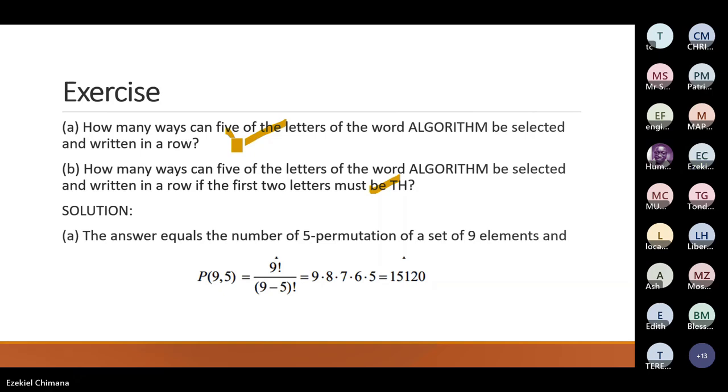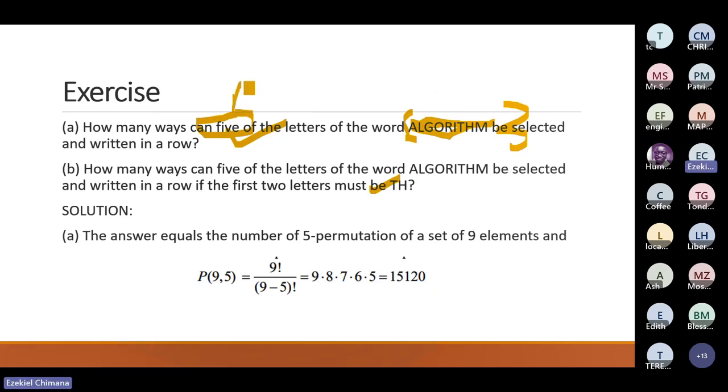You are being asked the ways we can write 5 letters from this word algorithm. You just select 5 letters here, and how many ways can you write those 5 letters? Remember, this algorithm is our set, and this 5 is our r.